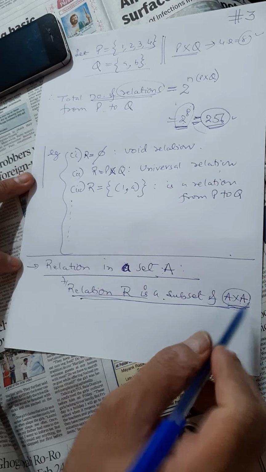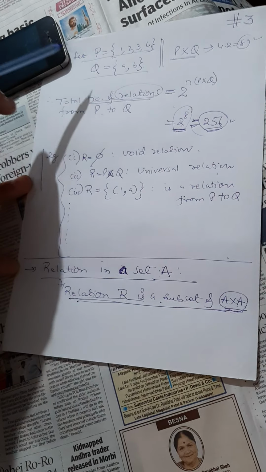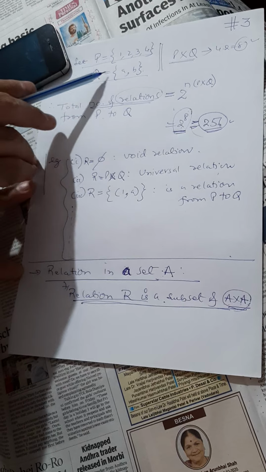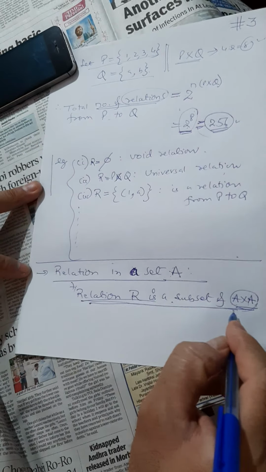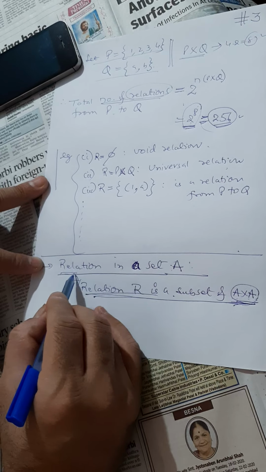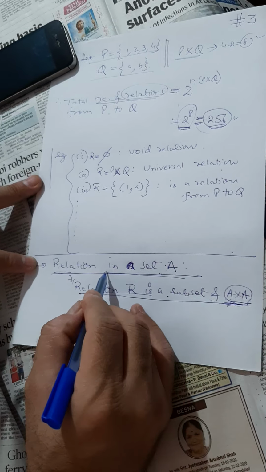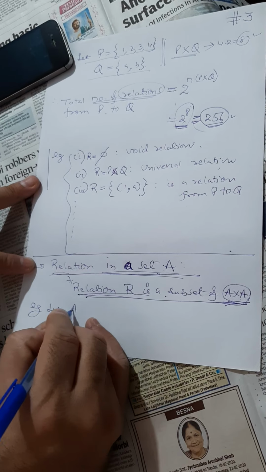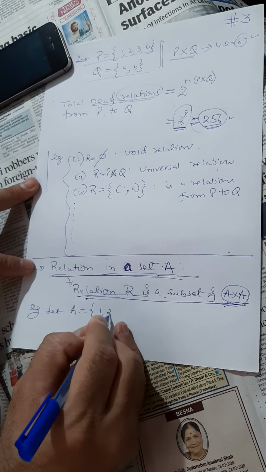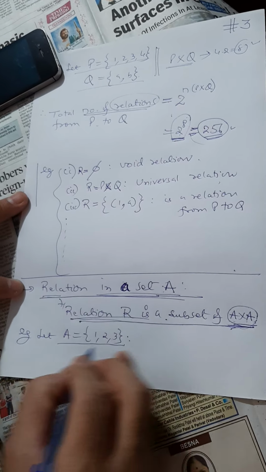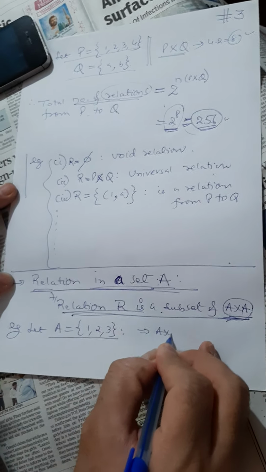What's the difference between this one and what we discussed earlier? There, for example, you had two different sets, but you may have P and P here. Again, P has 1, 2, 3, 4 members. This is also a commonly used phrase, a relation in a set. For example, if I take only one set, let's take 1, 2, 3, then A cross A would have 9 ordered pairs.